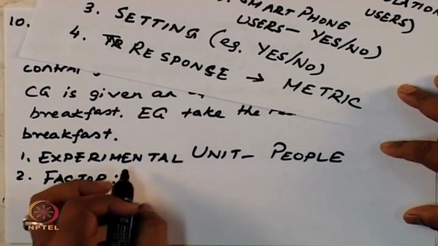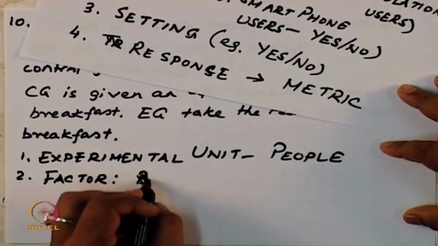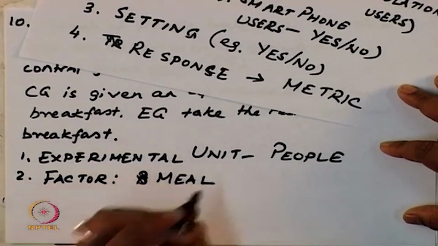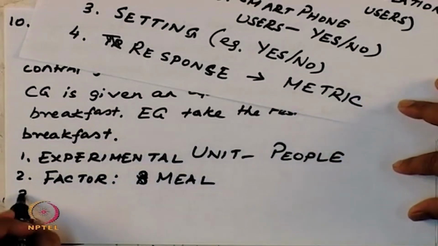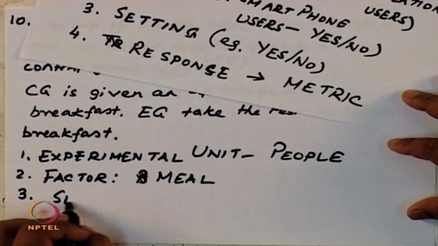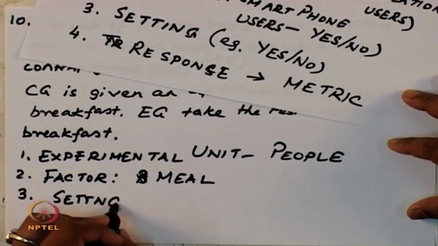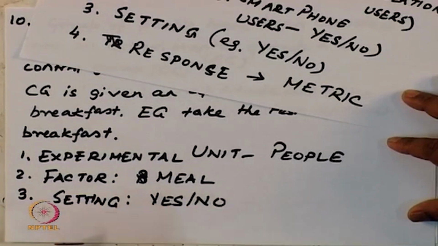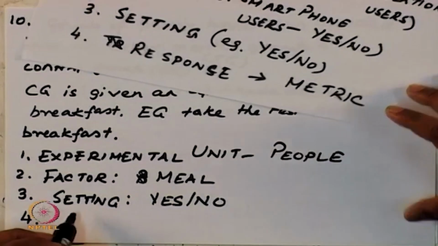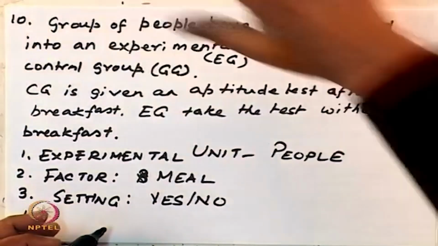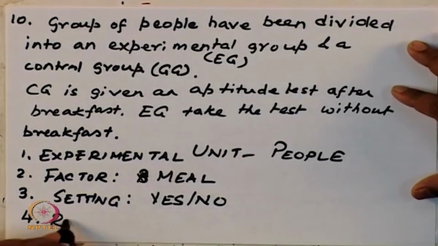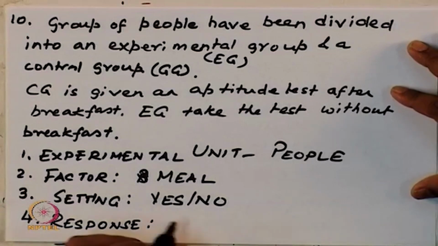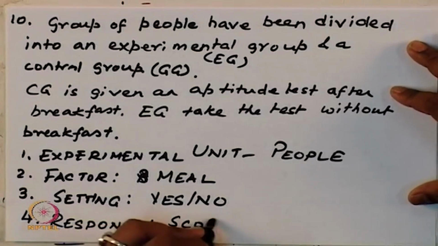The factor is your breakfast or meal, because you want to probe the effect of meal. What is your setting? Whether it is yes or no. Okay. So, your treatment and setting are both the same, because treatment is either they have had the breakfast or they have not had the breakfast. And what is your response? It is your aptitude score.